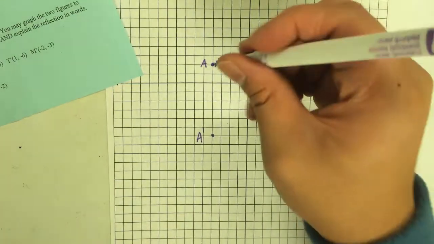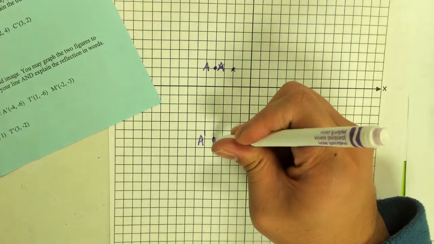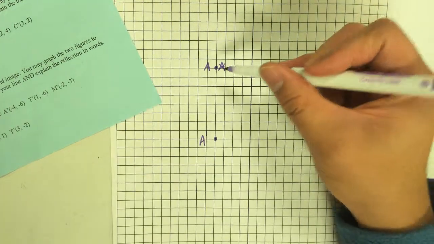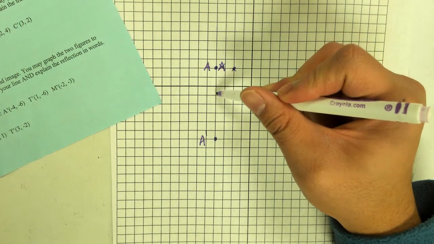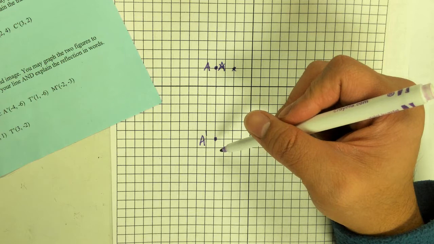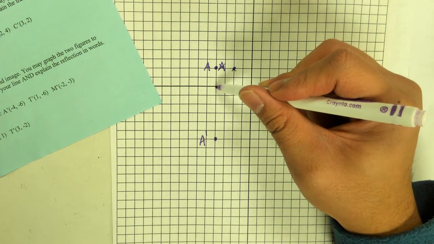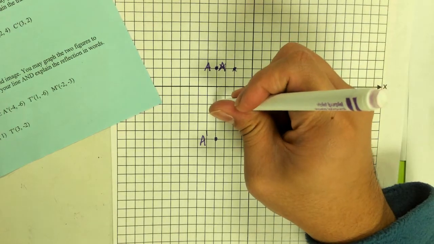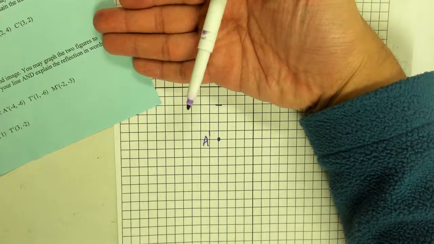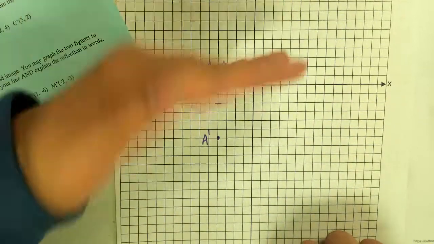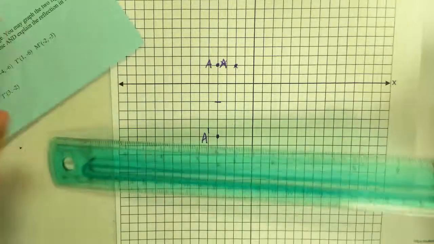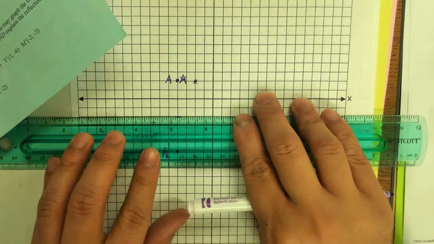The line of reflection is exactly in the middle of those 2 points. So, to find the middle, we just count. From A to A prime, it's 1, 2, 3, 4, 5, 6, 7, 8 units. Halfway, middle is 4, so I count 1, 2, 3, 4. So my line's probably going to be here. Because I go from up here, flip over to down there, I fold my paper this way, meaning if I fold my paper, my line goes this way.